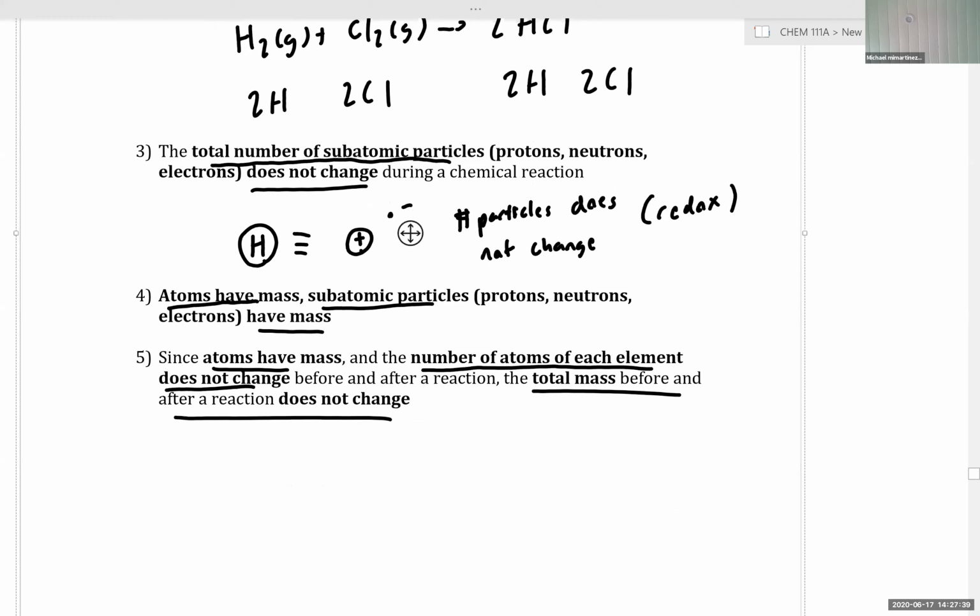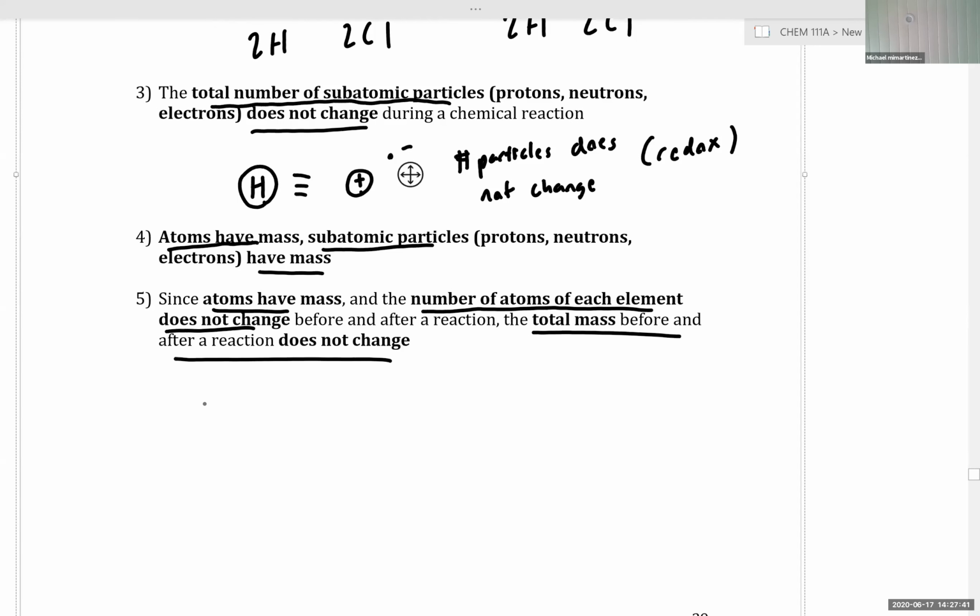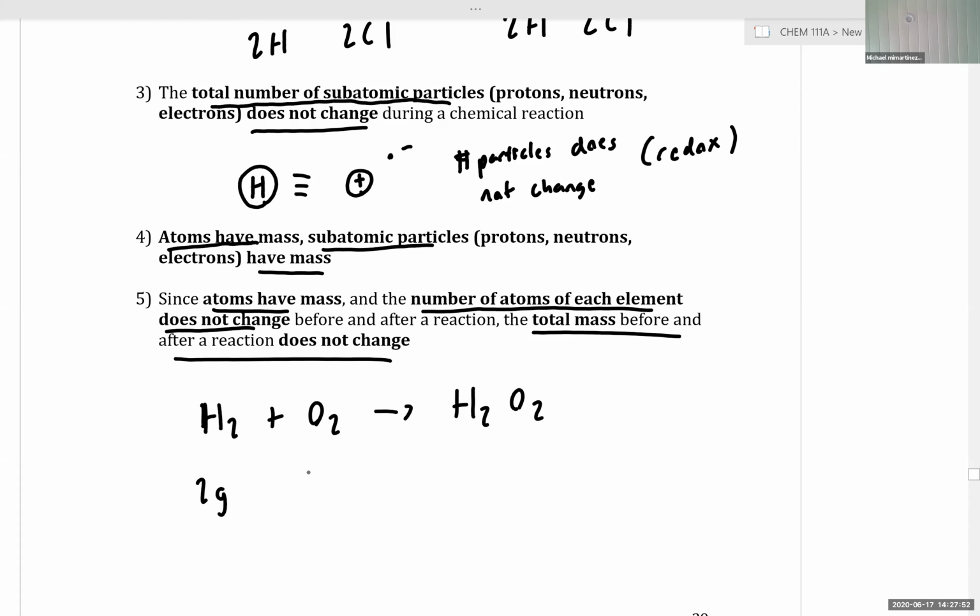For example, if we take hydrogen and react it with oxygen to generate hydrogen peroxide, starting with 2 grams of hydrogen and 32 grams of oxygen, how many grams of hydrogen peroxide will we end up with?